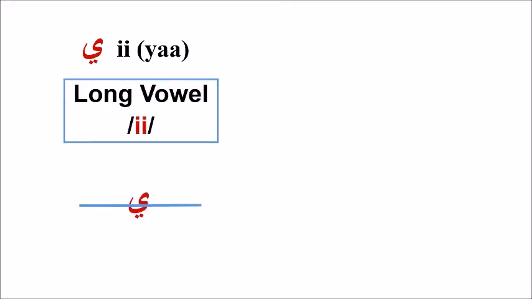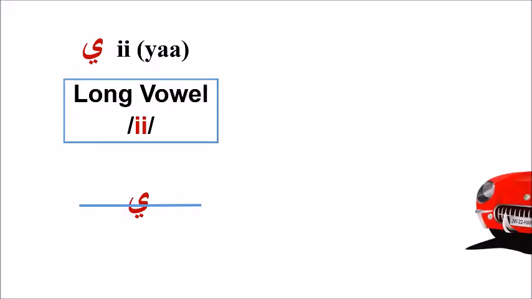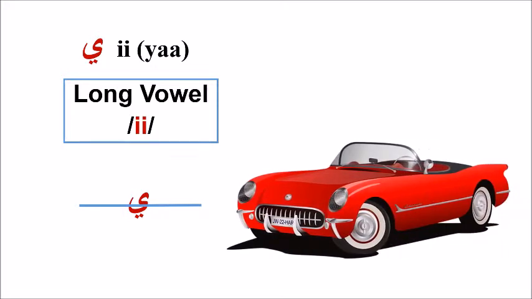This letter Ya represents the last of the three long vowels. The sound of E in beep. Remember that this is a long vowel. Pronounce this sound for twice as long as you would pronounce E in words like beep, street.